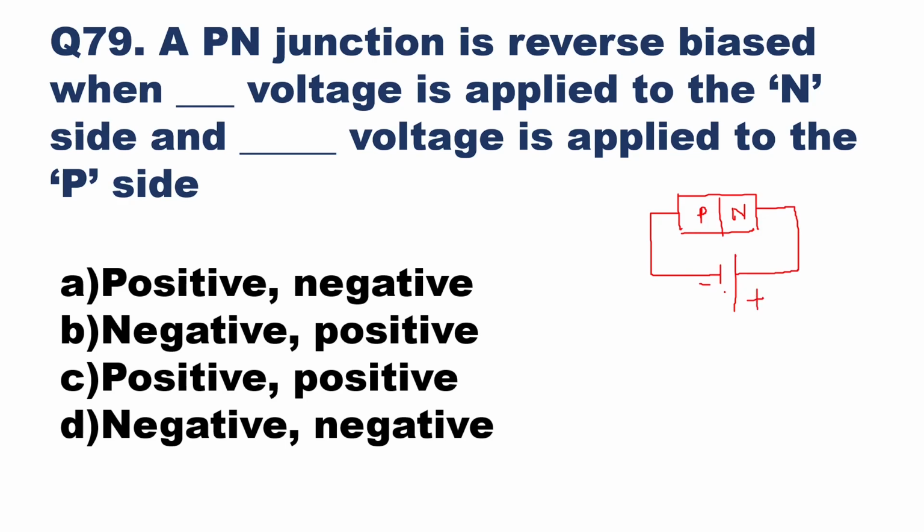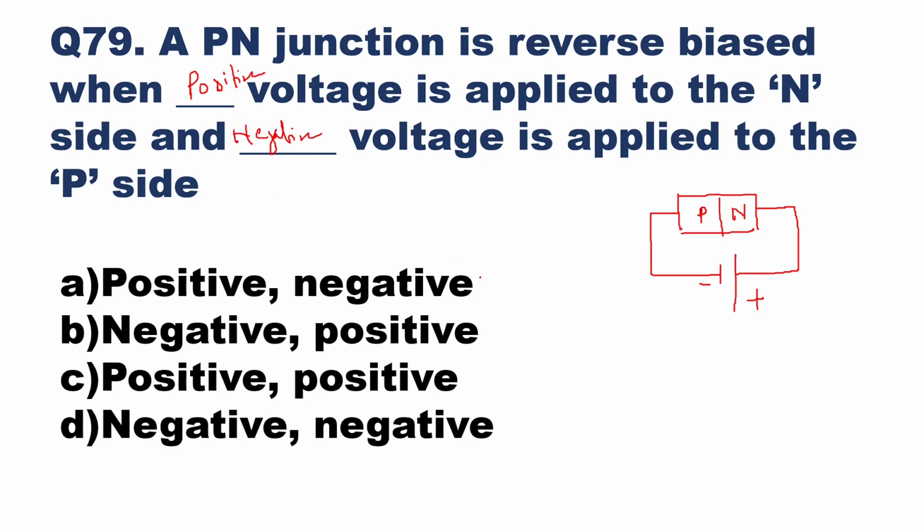So if you connect P to the negative of a battery and N to the positive of a battery, so here a positive voltage is connected to N side and negative voltage is connected to P side.